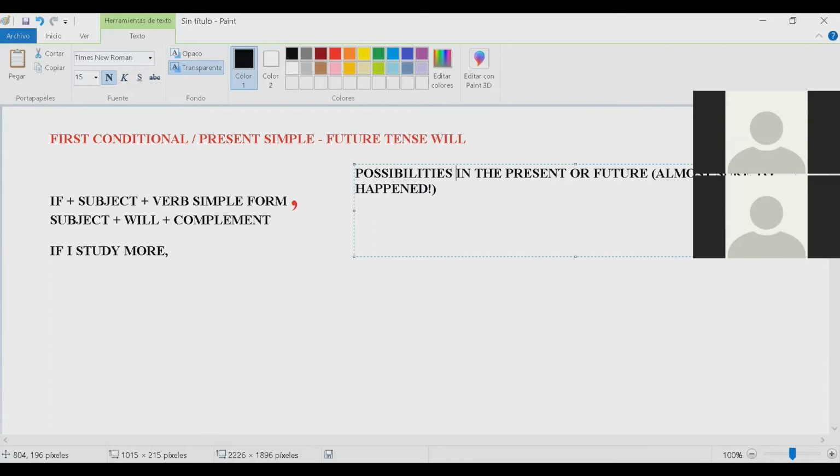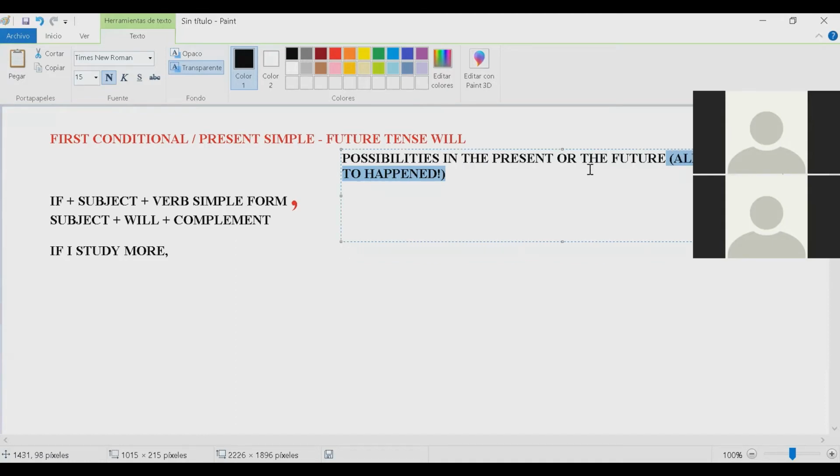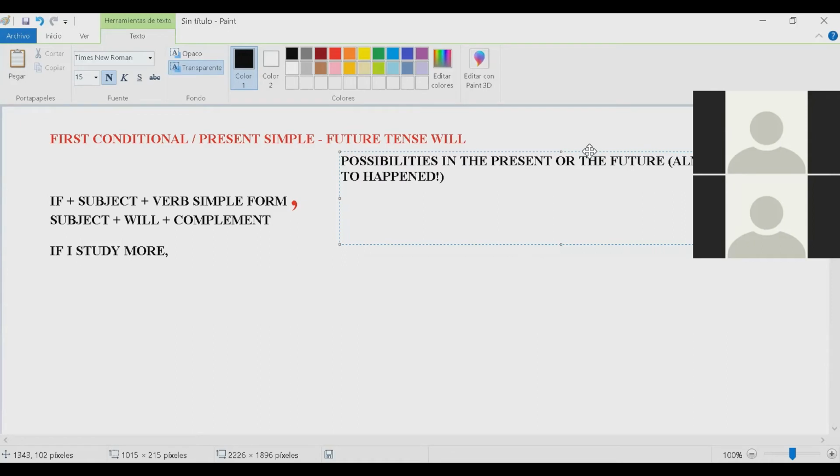The first conditional, este de acá, we're going to use it for what? For possibilities in the present or the future. Pero ven que acá está la clave, guys. Almost sure to happen. Profe, ¿cómo es eso? Lo vamos a utilizar para cosas que posiblemente van a suceder.